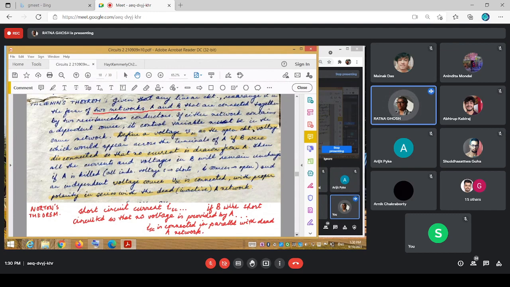Define an open circuit voltage, VOC. Naturally, it appears across the terminals of A, open circuit, if B were disconnected. As if you have an open circuit at the terminals of B, so that no current is drawn from A. Hence, you cannot draw any current from A. Then, all the currents and voltages in B will remain unchanged if A is killed.